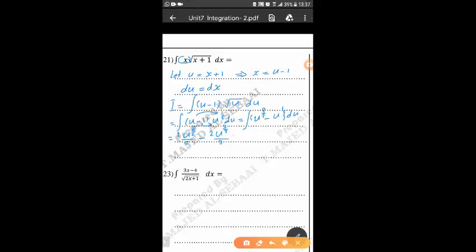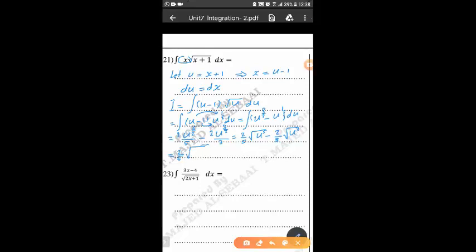Equals 2 over 5 square root of u to the 5 minus 2 over 3 square root of u to the 3. Substitute, it will be 2 over 5 square root of, what is u?